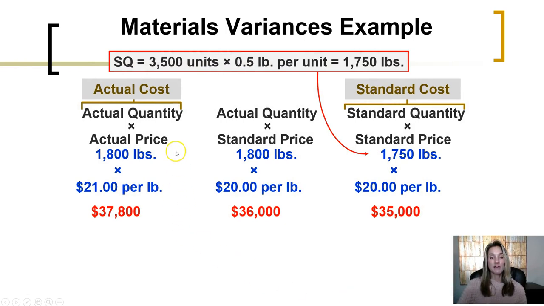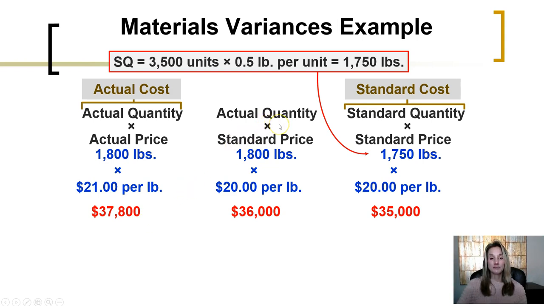Starting on the left side of our diagram, we are going to calculate the total actual cost, which is the actual quantity of materials used at the actual price. We actually used 1,800 pounds and paid an actual price of $21 per pound. Our total actual cost was $37,800 for our materials.